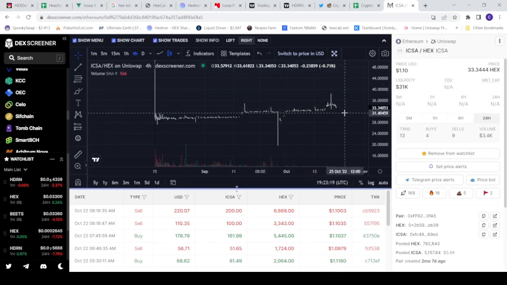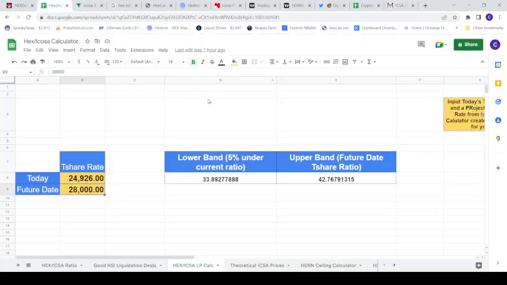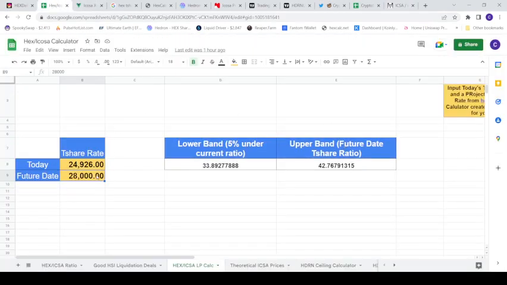Once the HSI auctions run their course for the first couple of months, I think more people will start providing LP for the Icosa HEX pair. So yeah, an excellent way to set your bands if you are doing LP on the HEX Icosa pair.